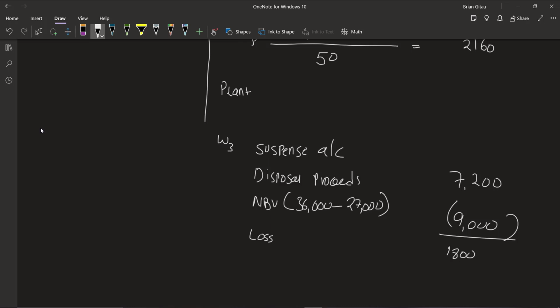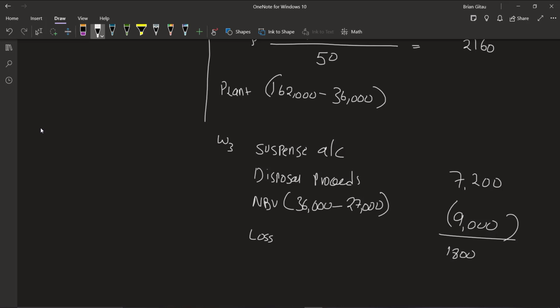For the depreciation for the plant, the plant has a cost of 162,000 from additional information number 6. But we disposed a plant which had a cost of 36,000.